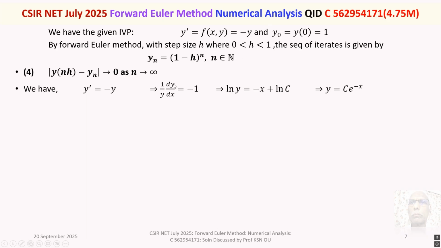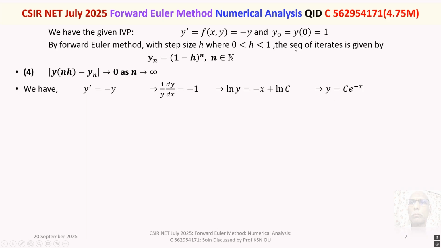And 1 by y dy by dx is minus 1. Integrate on both sides with respect to x. Then you'll get ln y is equal to minus x plus ln c. So that is ln y is equal to ln c into e power minus x. That will give rise to y is equal to c e power minus x.